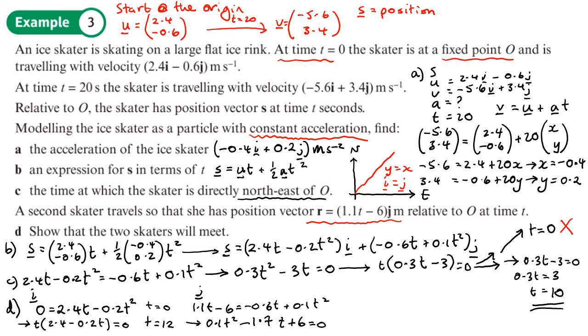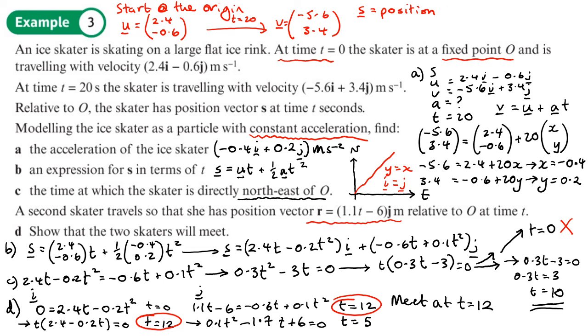So I get t equals 12, t equals 5. There is one value of t which makes the i positions the same and the j positions the same. So yes, they do meet, and they meet at 12 seconds, at t equals 12.